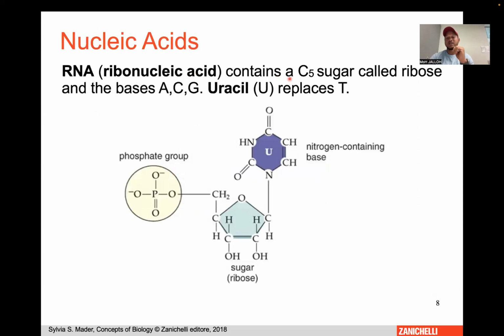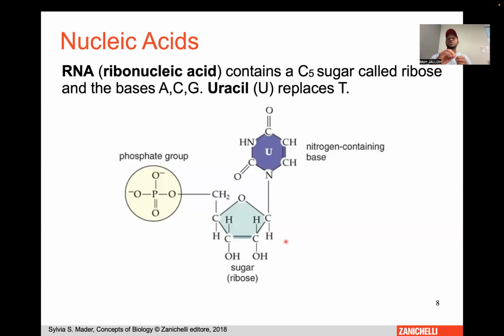Nucleic acids are made of RNA, or ribonucleic acids. Ribonucleic acid contains a 5-carbon sugar called ribose, and the bases are adenine, cytosine, guanine, and uracil. I told you before, uracil will replace thymine in RNA. A major difference between DNA and RNA is not just the replacement by uracil, it's also that on the ribose sugar, at this carbon, for DNA we have only H, no O. But for RNA, we have the OH.